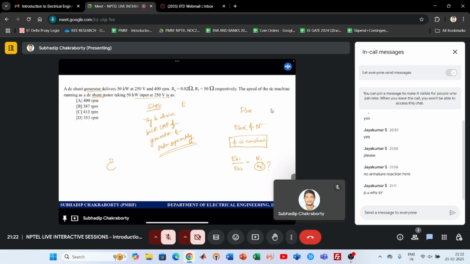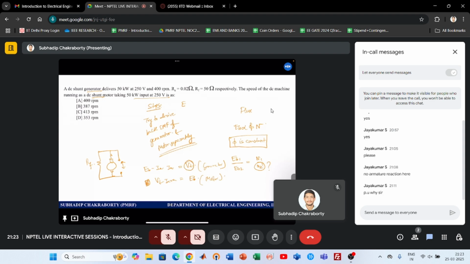So I already told you that for generator, you have to apply the voltage. You have to take the voltage from here. This is the field. So EB minus IA RA equal to VT, and for motor, VT minus IA RA is EB.